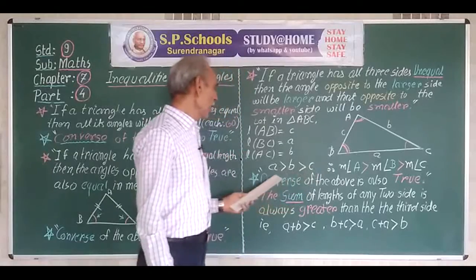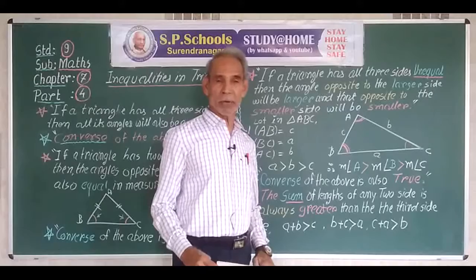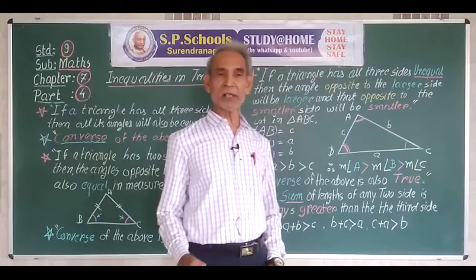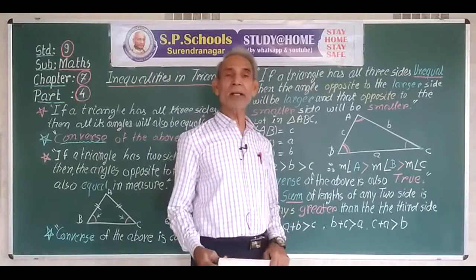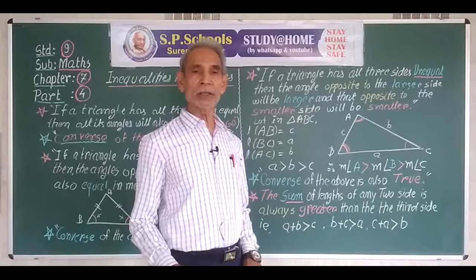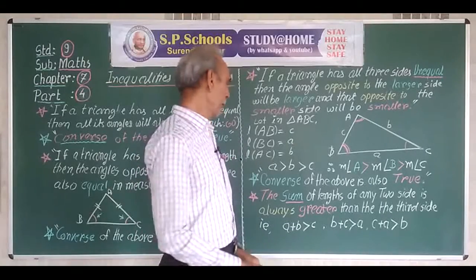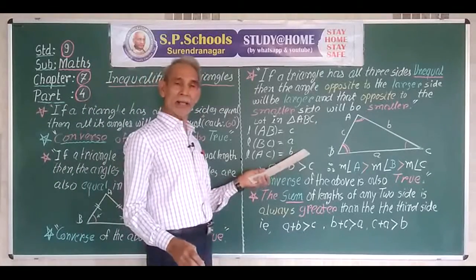So this expresses the relation between lengths of sides and measures of angles in a scalene triangle, where all three sides are of different lengths. No two sides are of equal length.